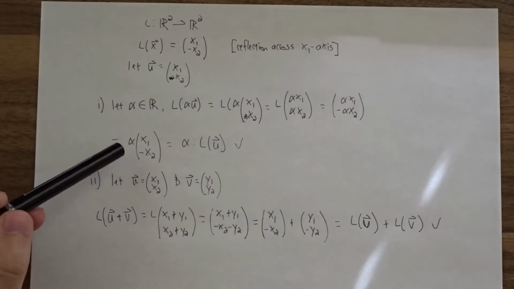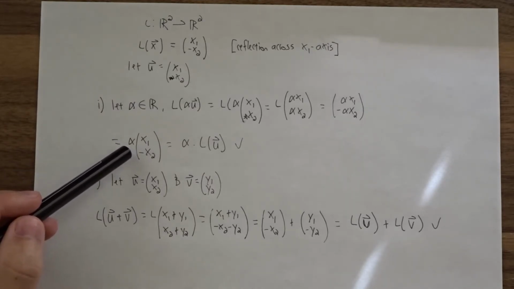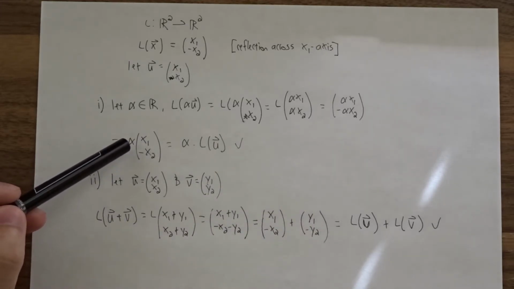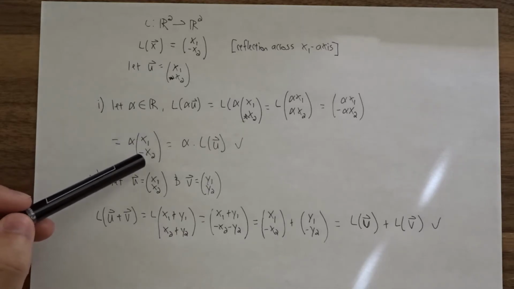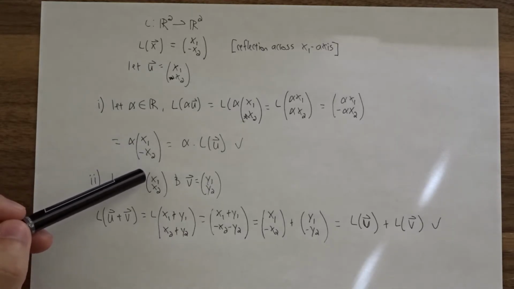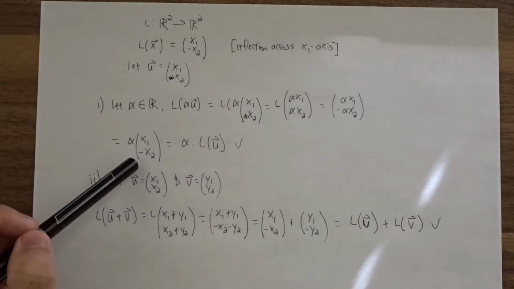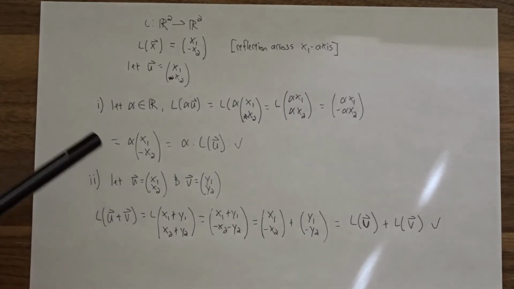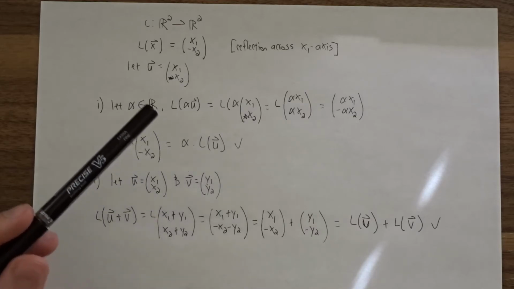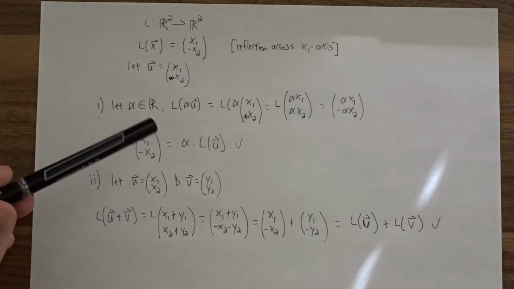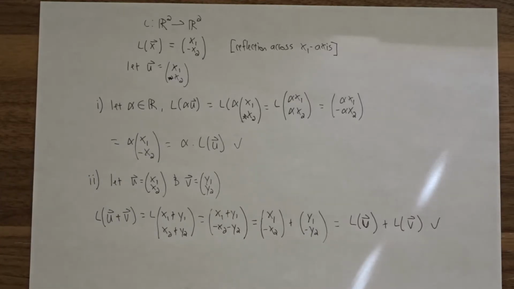So at that point, we can pull our alpha back out and say that this statement here is the same as saying alpha times the vector x1, negative x2, which is the same thing as saying alpha times the linear transformation of u. So in that case, those two things are equivalent. It means we have retained the property of scalar multiplication.